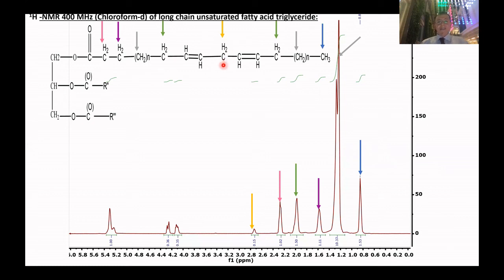Now you know it quite well. Then the next is the CH2 of the glyceride, the characteristic of triglyceride fatty acids, which you will see clearly at 4.2.